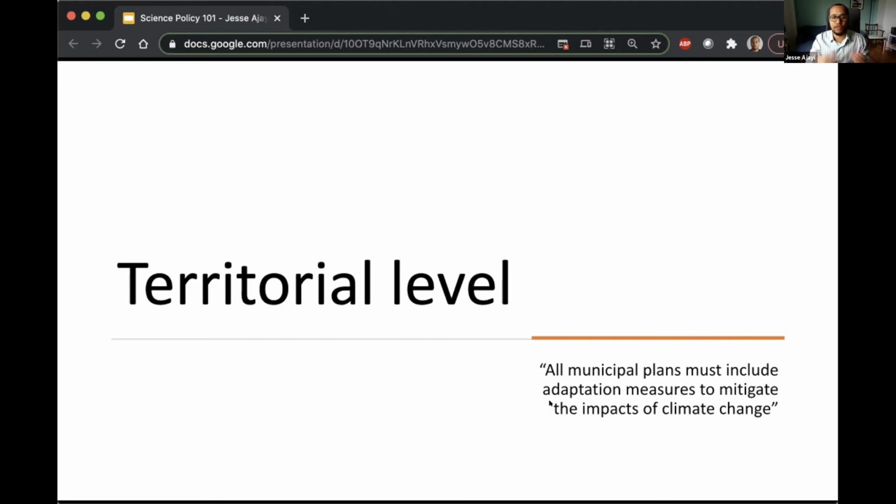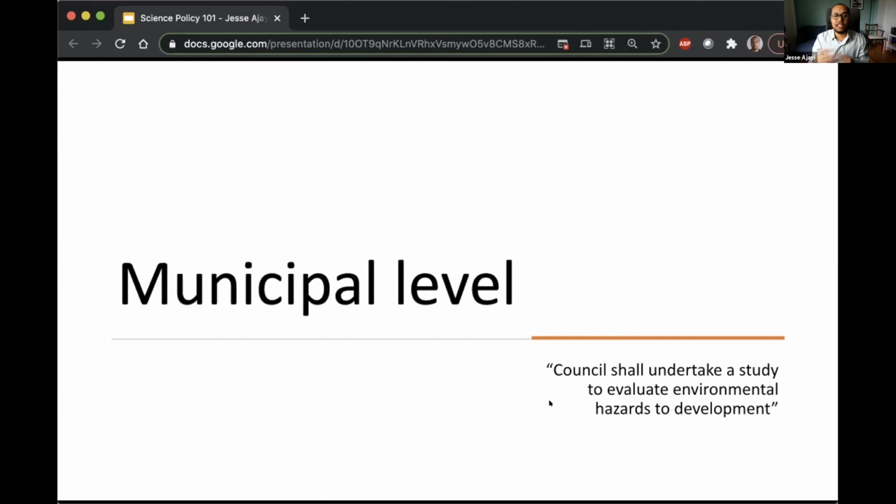That's a long road, and what you might then see is a minimum level of action that's triggered at municipalities saying, okay, we're required to do this, so we all need to now pass a bylaw that meets the minimum requirement of that Territorial Act. At the municipal level, you'll see statements like council shall undertake a study to evaluate environmental hazards to development, and so this is action that council will initiate.